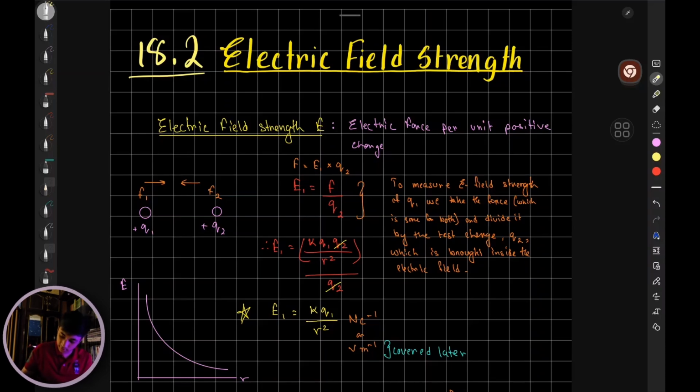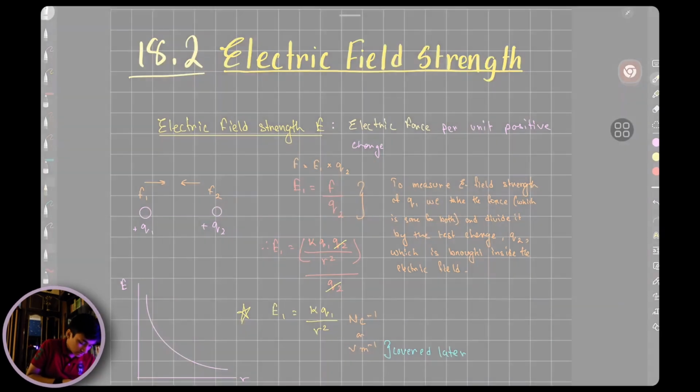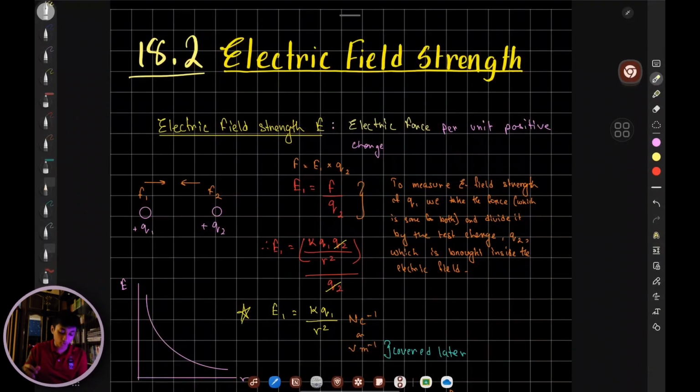So electric field is basically the electric force that the charges Q1, Q2, Q3, whatever, experience by being in the vicinity of each other's electric fields. So it is the electric force that is caused by the electric fields. It is that force per unit positive charge.